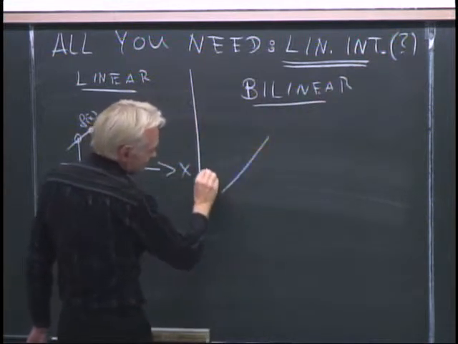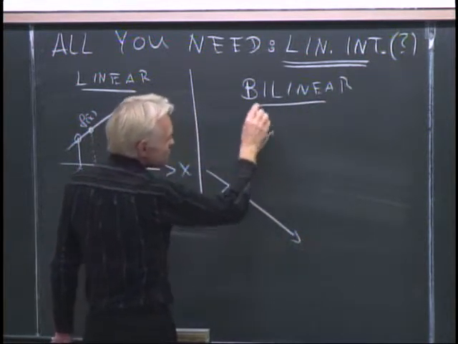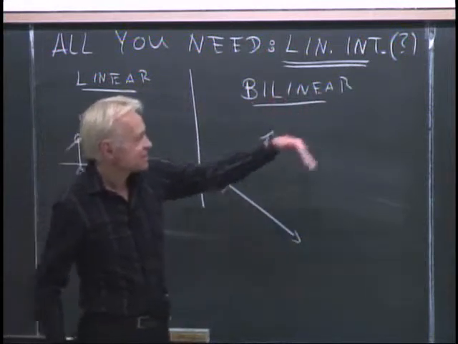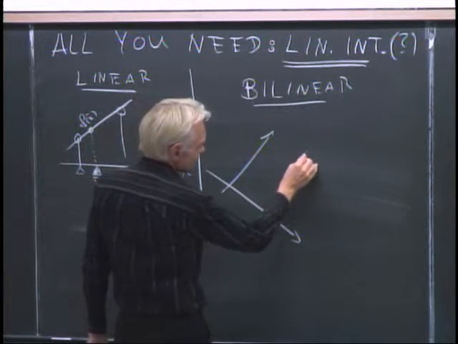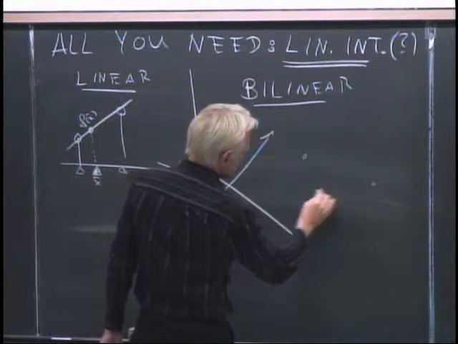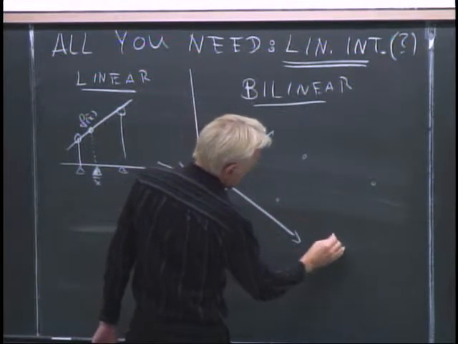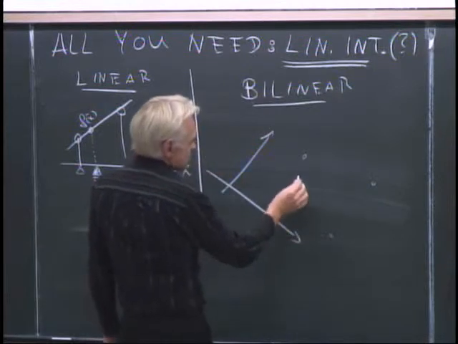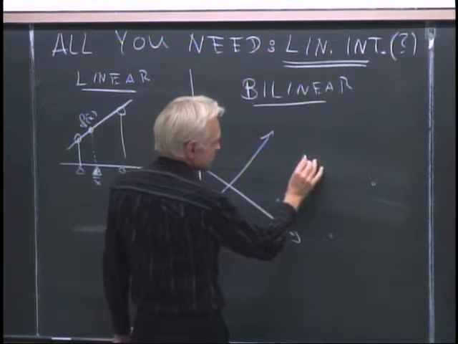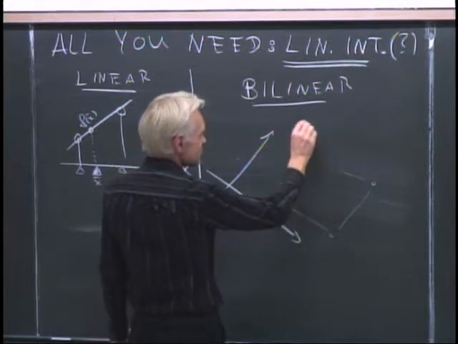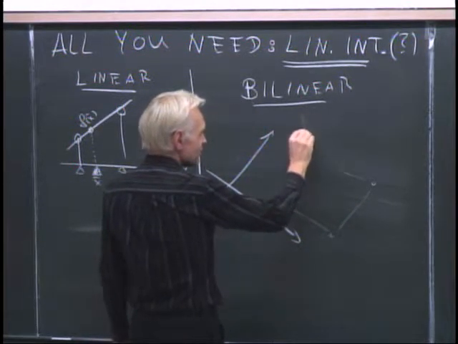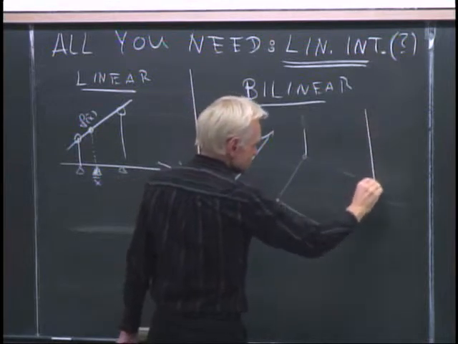Bilinear, well, it's bivariate, but it uses linear variation in both directions. How to think of that? Okay, let's see. So you have 4 points. You have, say, 4 values at these 4 points.